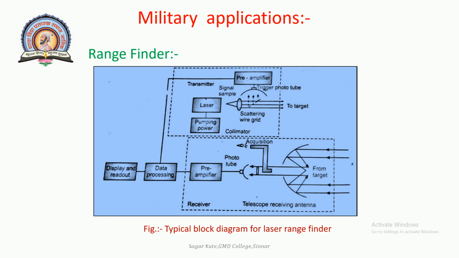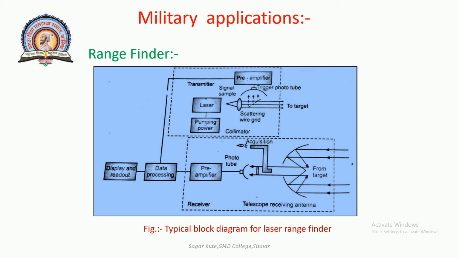The time taken by the laser beam to travel to and from the transmitter and the target is measured. Half of the time thus recorded, multiplied by the velocity of light, gives the range, that is, the distance of the target.